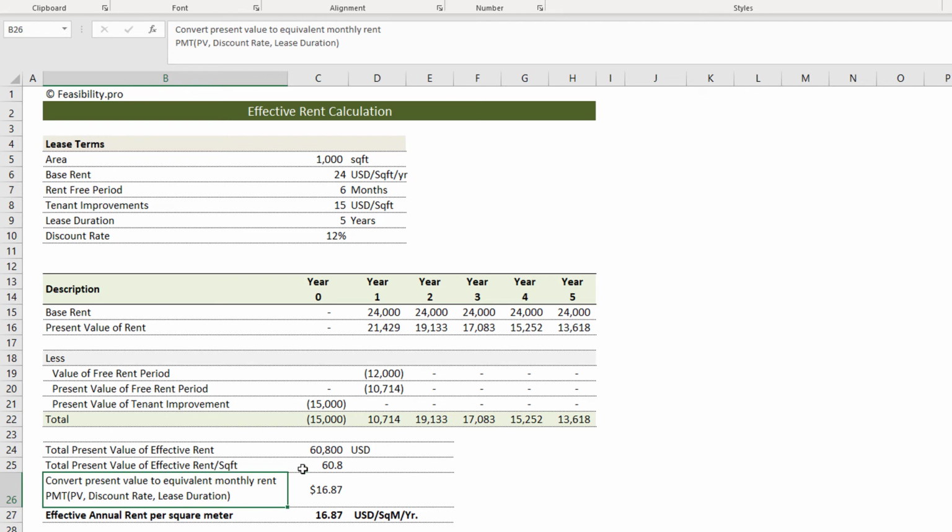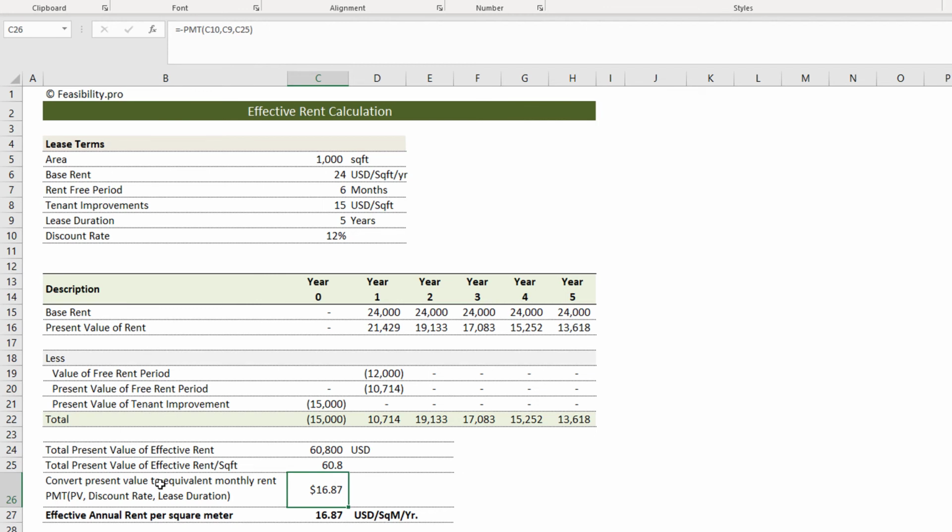But the thing is that this is the present value of total cash flow over the lease duration, expressed per square foot or per square meter. But I want to know what the periodic equivalent of this is. If I'm negotiating rent per square meter per year, I want to know what my effective rent is per square meter per year or per square meter per month, whatever you are negotiating.